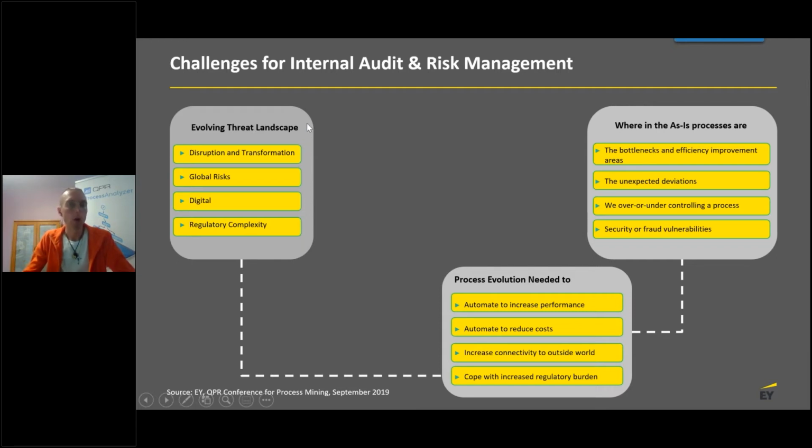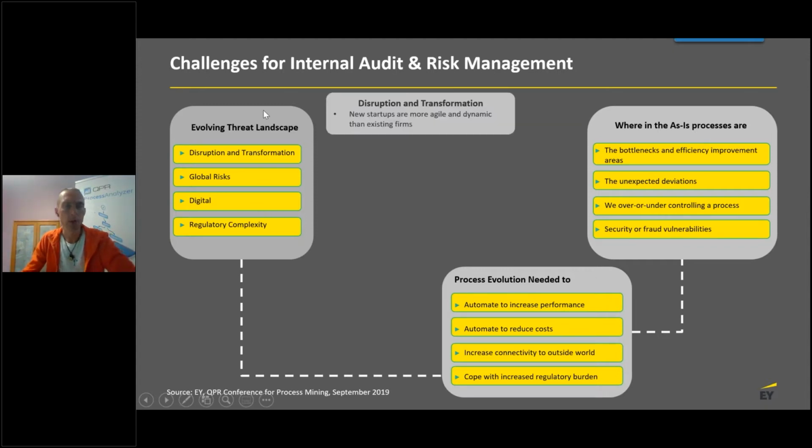There are many kinds of threats that are highlighting the importance of internal audit and risk management. And in order to cope with those threats, there is a lot of process evolution that needs to take place. And then the question is, what are the as-is processes compared to the threats and the process evolution? But let's look at the threats in even a little more detail.